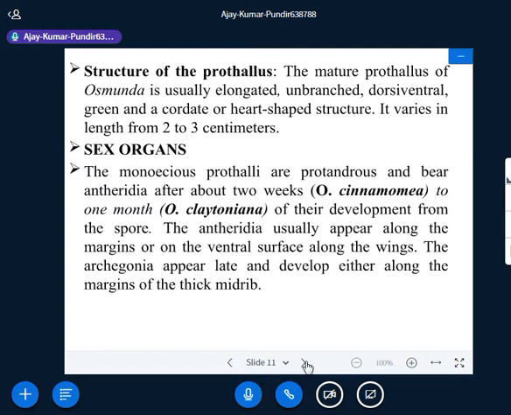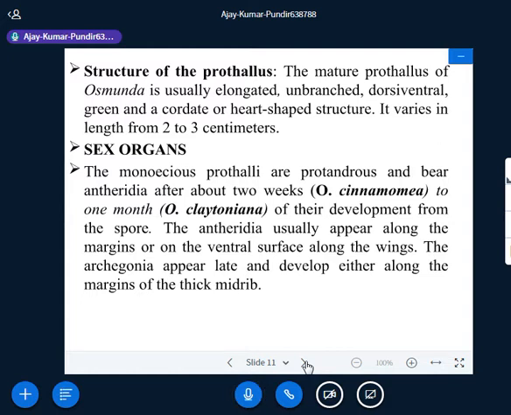The first prothallial cell produces the mature prothallus of Osmunda. What is a prothallus? I have discussed it in the last lecture many times. The prothallus is a very important organ during the life cycle of the fern.